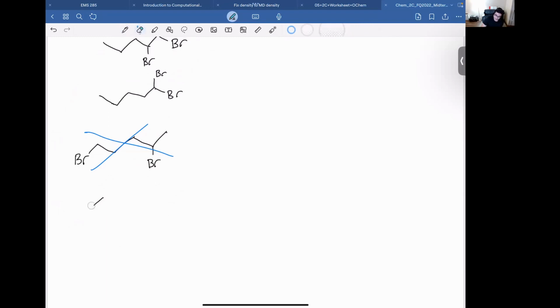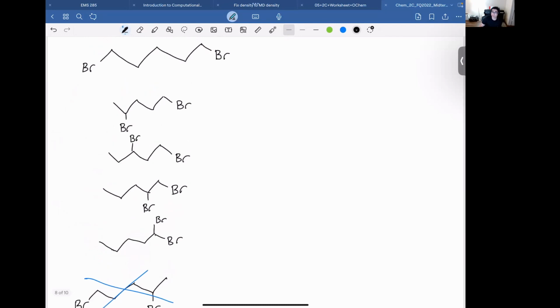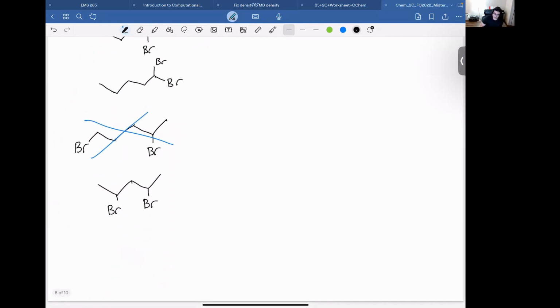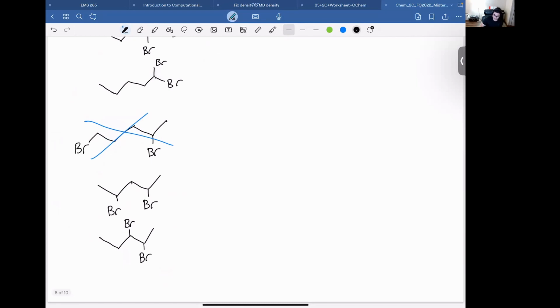I am going to, again, just keep the same trend here. I'm going to fix the bromine here and move the bromine down. This is clearly not the same as anything else because all the other ones have bromines at the end. Again, using the same logic, I'm going to put the bromine here, just moving it up one position. And that's another one that we haven't seen.